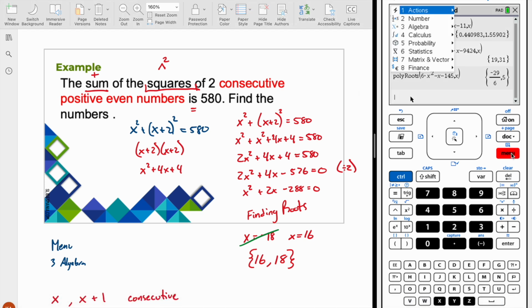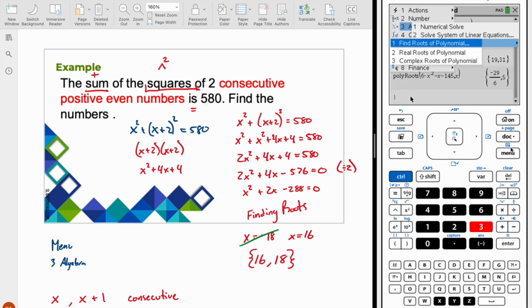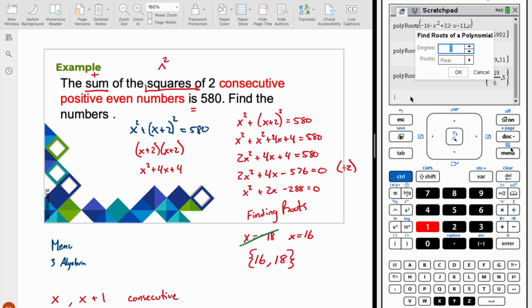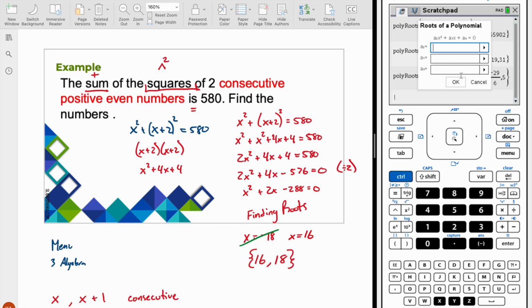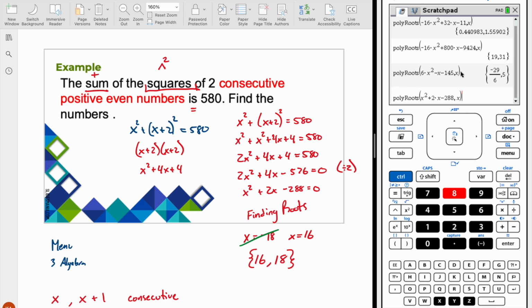It's at that point that we go ahead and find our roots. Menu, 3, 3, 1. It is squared and we are finding real. Insert our coefficients, 1, 2, and negative 288. Hit enter.